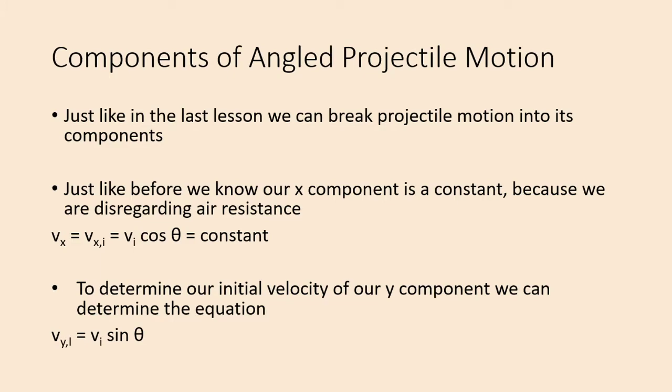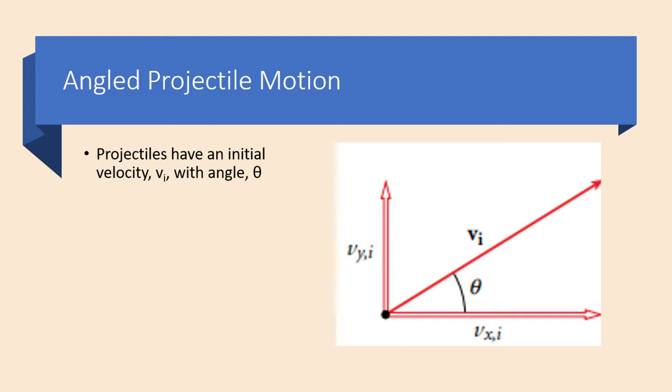So sine theta equals vy initial over v initial. We multiply by vi again, and we end up with vy initial equal to vi sine theta. Jumping back to this chart, we see that our vy sub i is right here. We can move this and transpose it right here so we make our triangle.